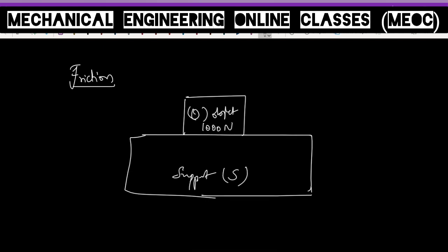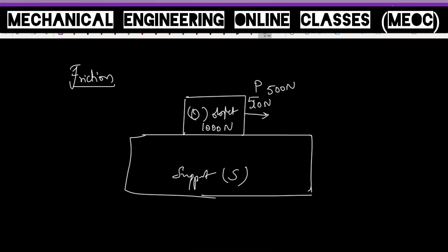Now I am giving, say, a 10 Newton force, let this be P. The object is not moving. Then I increase it to say 50 Newton. The object is still not moving. After giving say 500 Newton, the object is also not moving, for example.